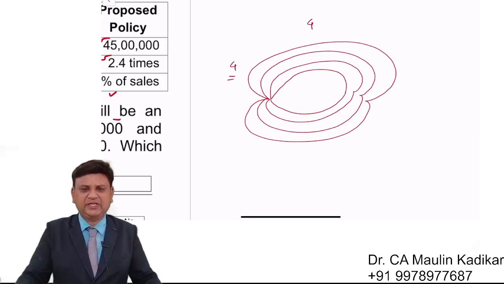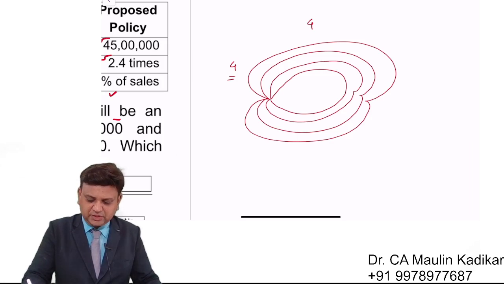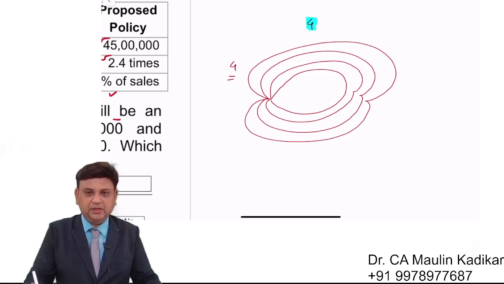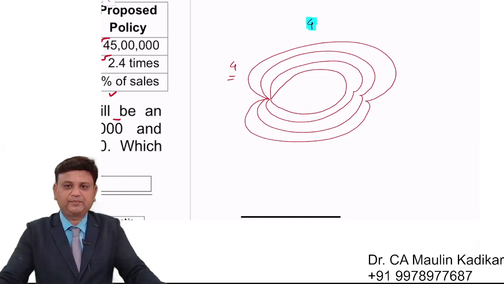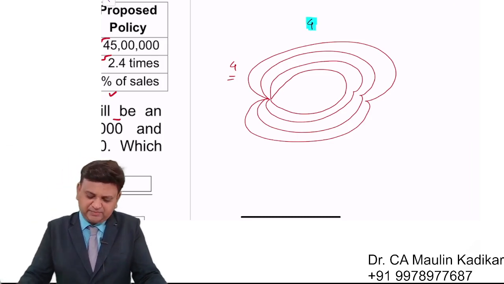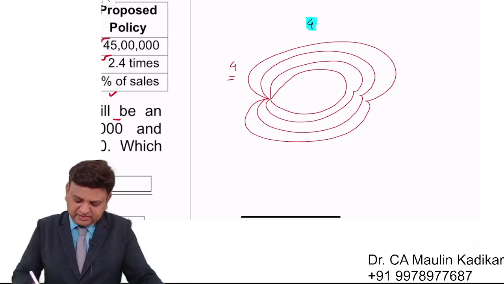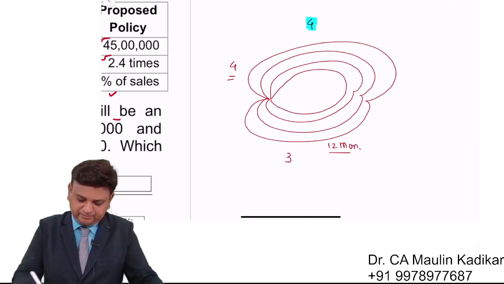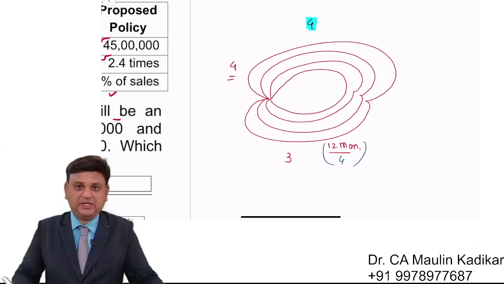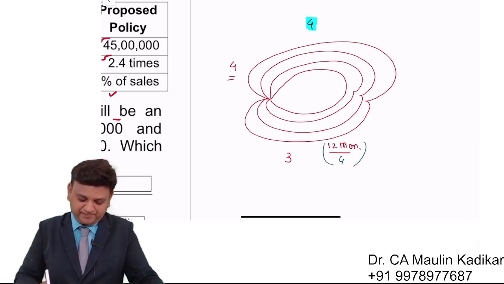Can you tell me in the chat box, if the turnover ratio is 4 times, what must be the collection period? Friends, the answer is very simple. It would be 3 months. It is 12 months divided by 4 times. Rotation is 4 times in a year, so the collection period would be 3 months.